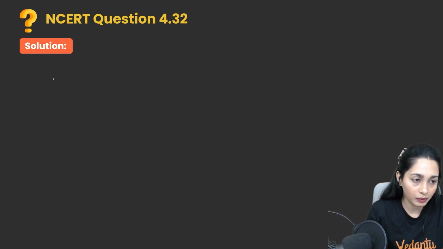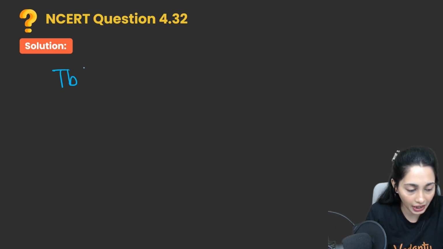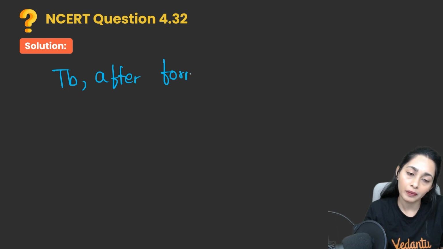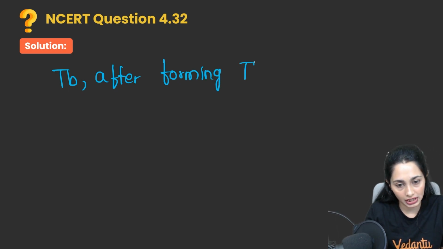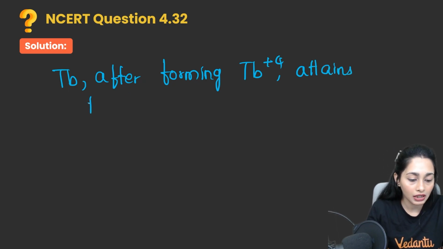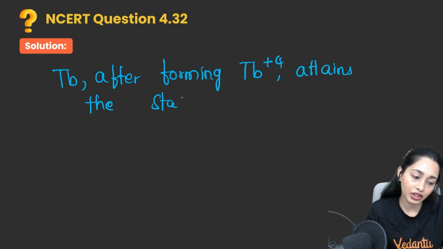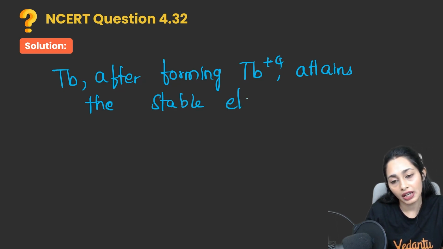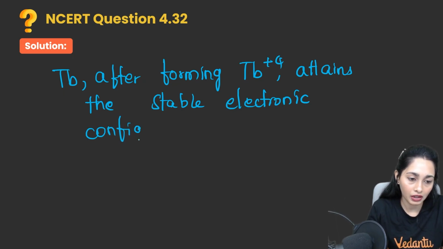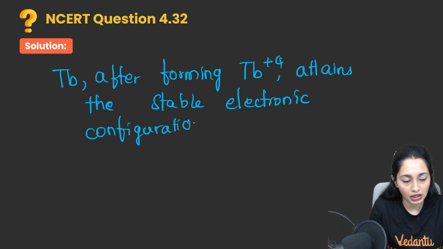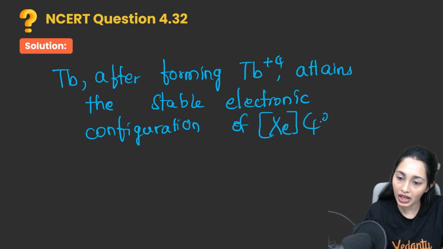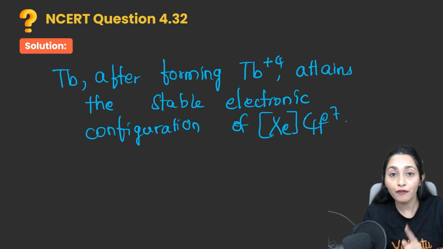When it comes to Tb, after forming +4 oxidation state, it attains the stable electronic configuration of xenon followed by 4f7, which means that it is half filled.